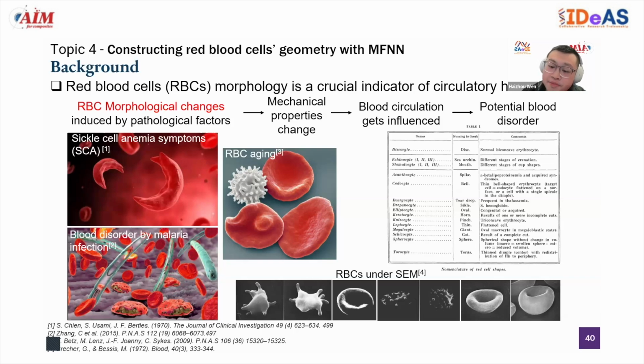RBCs would become hard to pass through narrow blood vessels, thereby causing blood disorders like SCA or malaria. Besides these horrible diseases, morphology change also occurs in the normal aging process of RBCs. Therefore, scientists have been investigating RBC morphology for many decades.